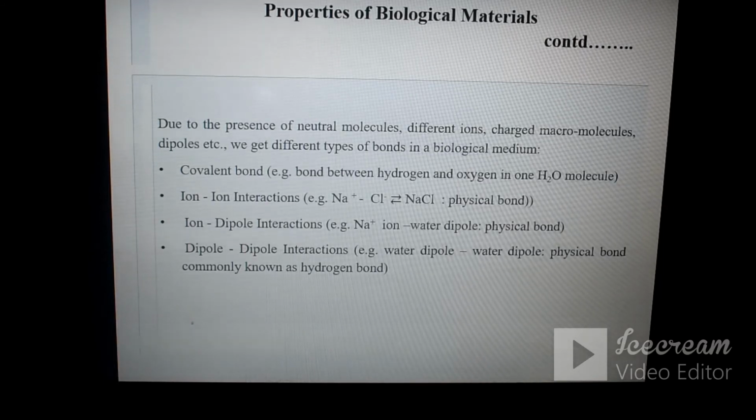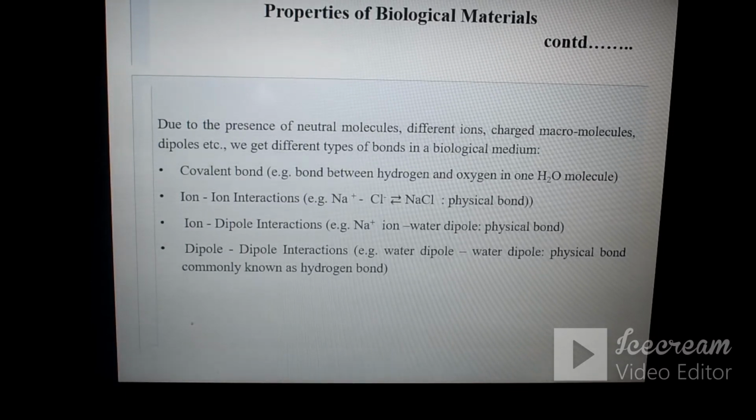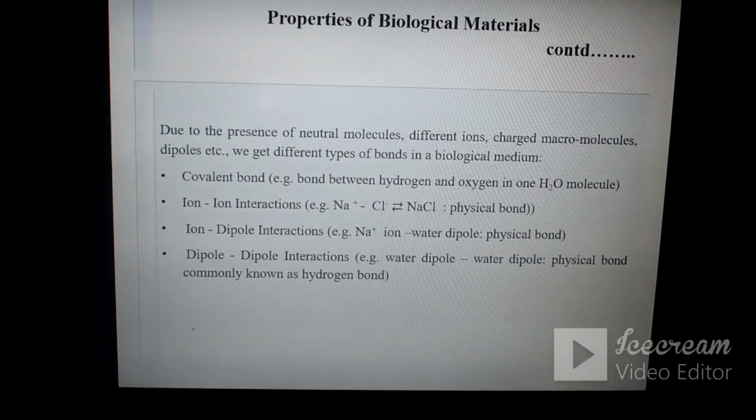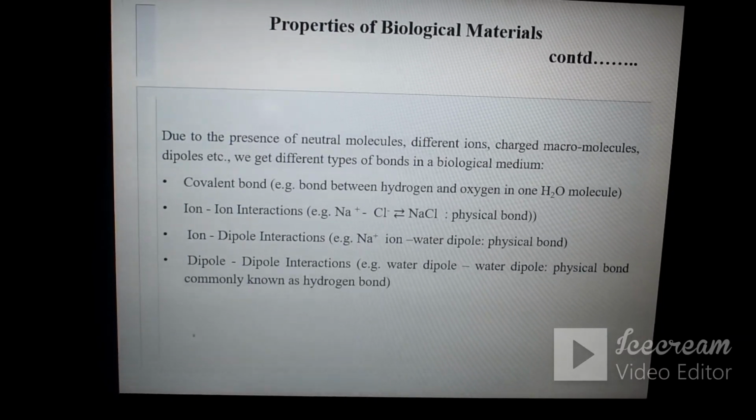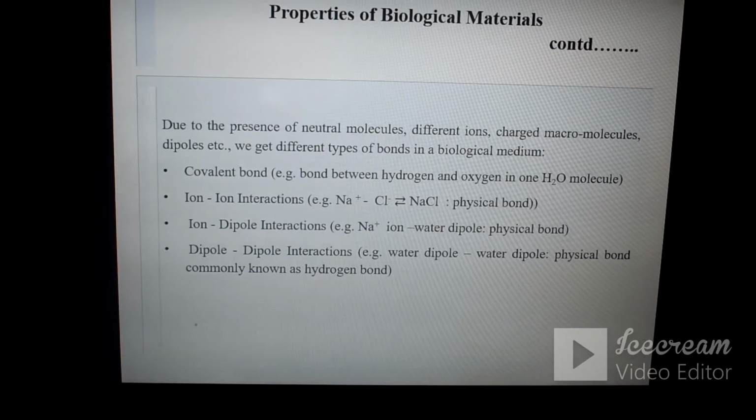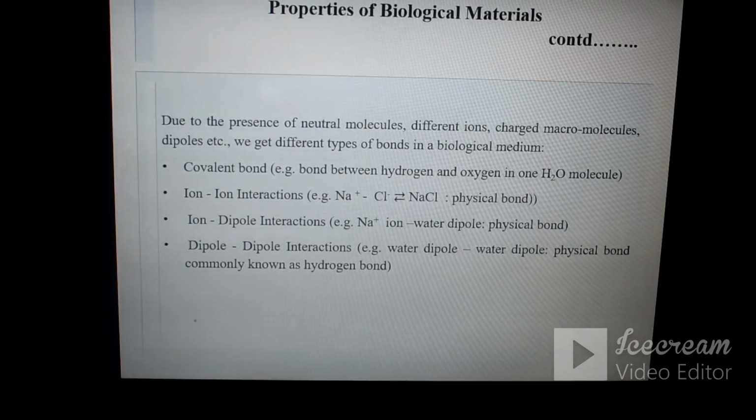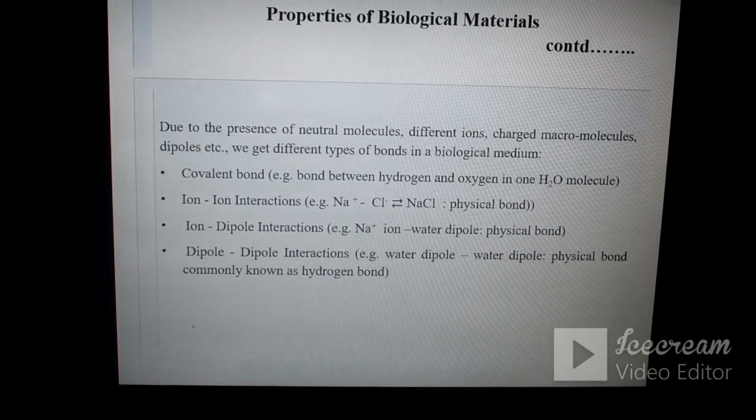And since there are different types of interactions, for example covalent bond, ion interactions, ion-dipole interaction, dipole interactions, the covalent bond concept has already been discussed in semiconductor material.